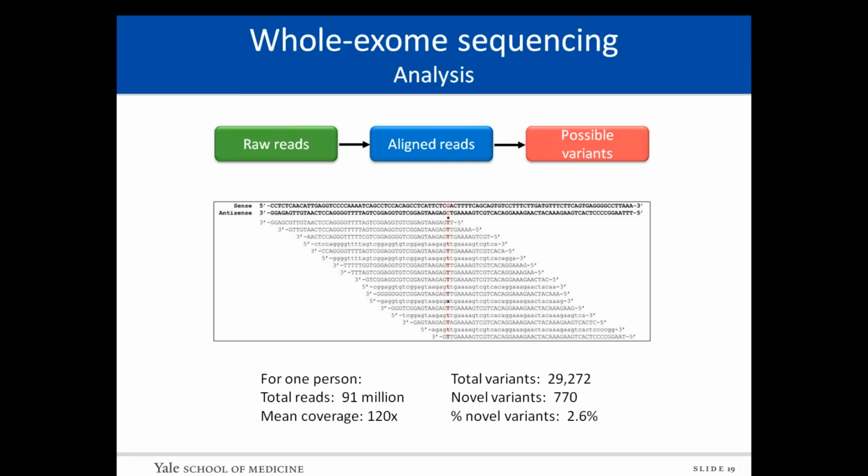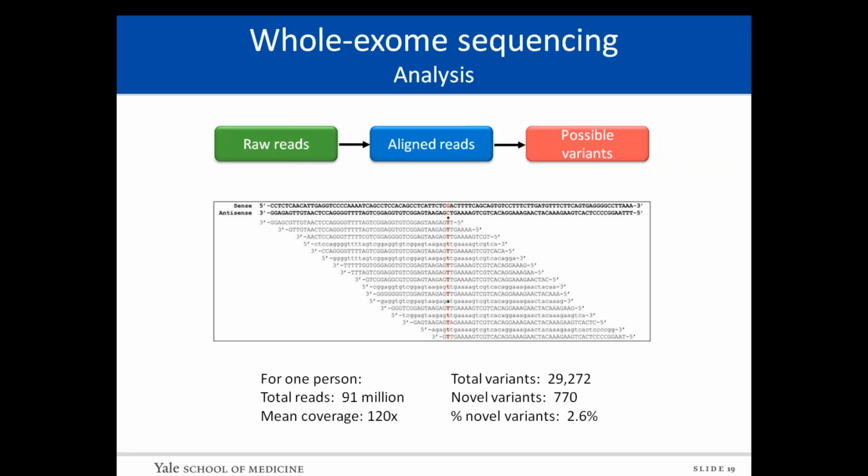So it's really nice to get all this information, but the big challenge is doing the bioinformatics analysis to make sense of all this data. We get raw sequencing reads, which are stretches of about 75 base pairs or so of DNA sequence. Then we need to align the reads to the human genome reference sequence that we can find online, and then look for variants.